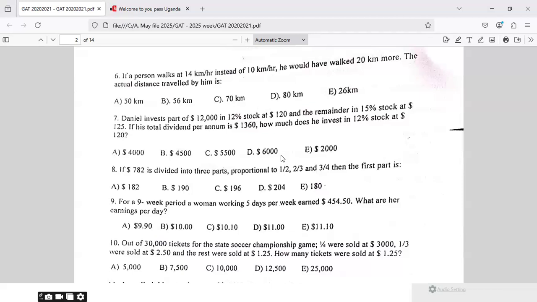Now, if his total dividends per annum is 1,360, how much does he invest in the 12% stock at 120?